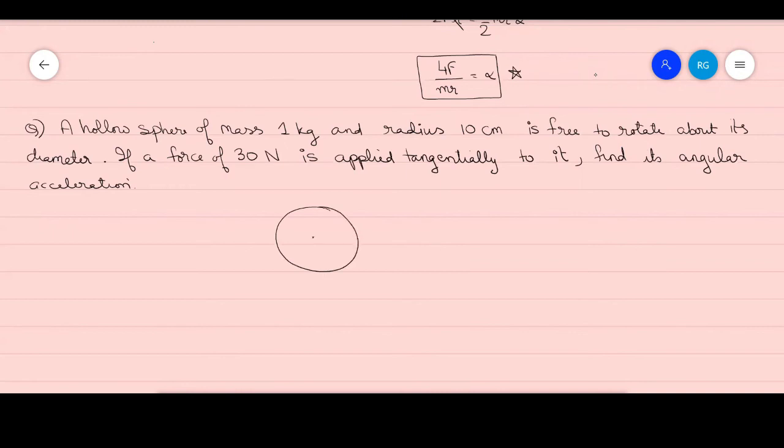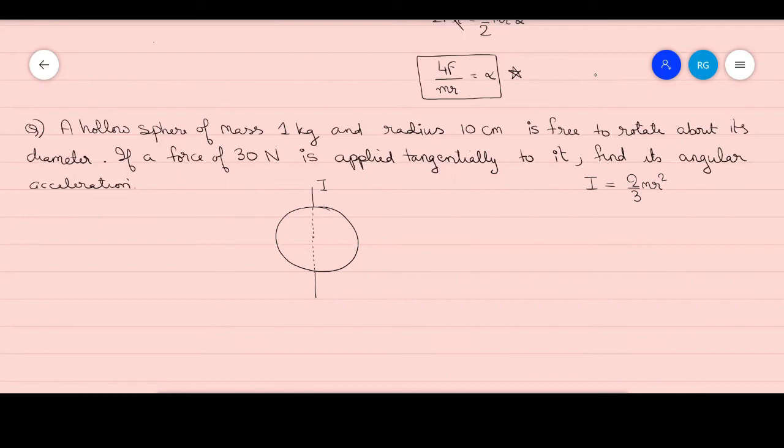The hollow sphere has mass 1 kg and radius 10 centimeter. So the moment of inertia of the hollow sphere about its diameter, this is the axis which is passing through the diameter, will be 2 by 3 mr square. So I will put the values later. First, I'll just try to solve.